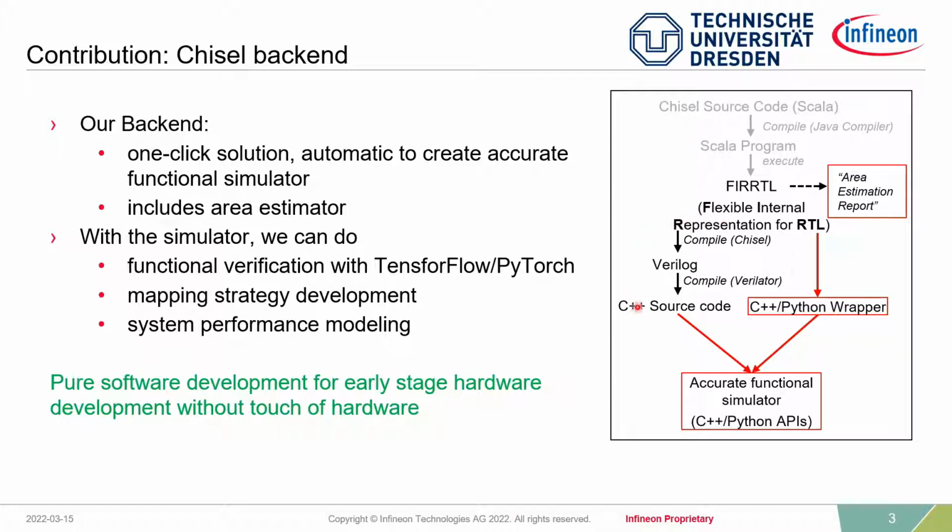On the left side, we use the compiler of Chisel and the validator to generate the C++ code of our design, which we finally combine together to obtain an accurate functional simulator with exposed C++ and Python APIs.